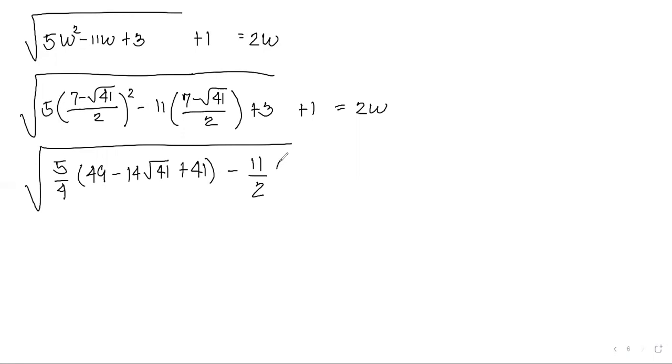Tapos, ano yan? 7 minus square root of 41. Ayan. And plus 3. So, same dati. Multiply ulit natin sila by 4. Plus 1. Bakit di ko napalitan to? Palitan natin siya ng 7 minus square root of 41 over 2.